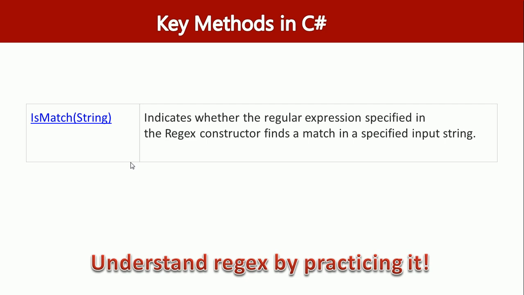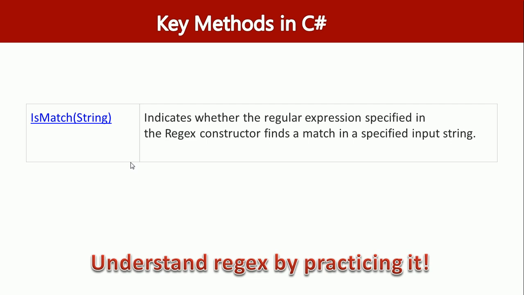Now we are going to use C# to build a regular expression checker that we will use to carry on this tutorial. So in C# it provides a class called Regex. Inside it there are methods that actually test for regular expressions in a text.